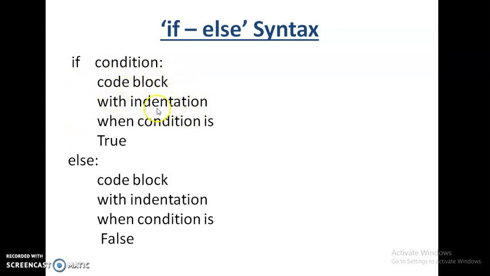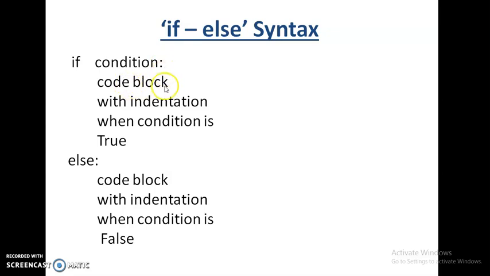Now, it is written with indentation. What do you mean by indentation? Indentation is a space of one paragraph which you have to leave before writing the source code or code block of if.